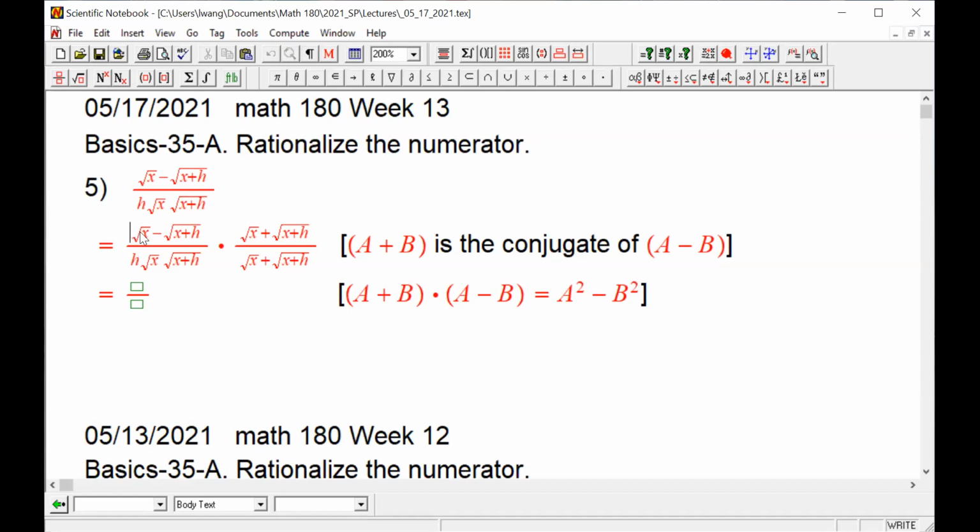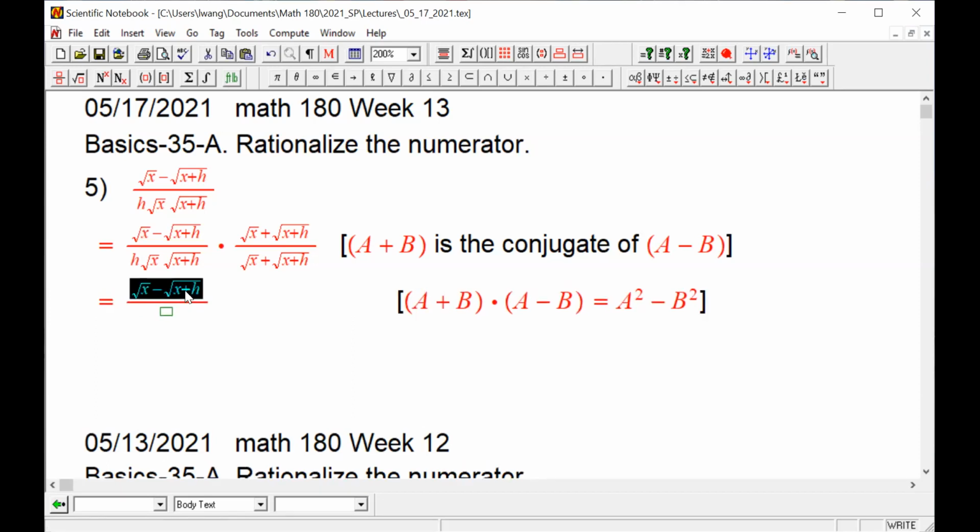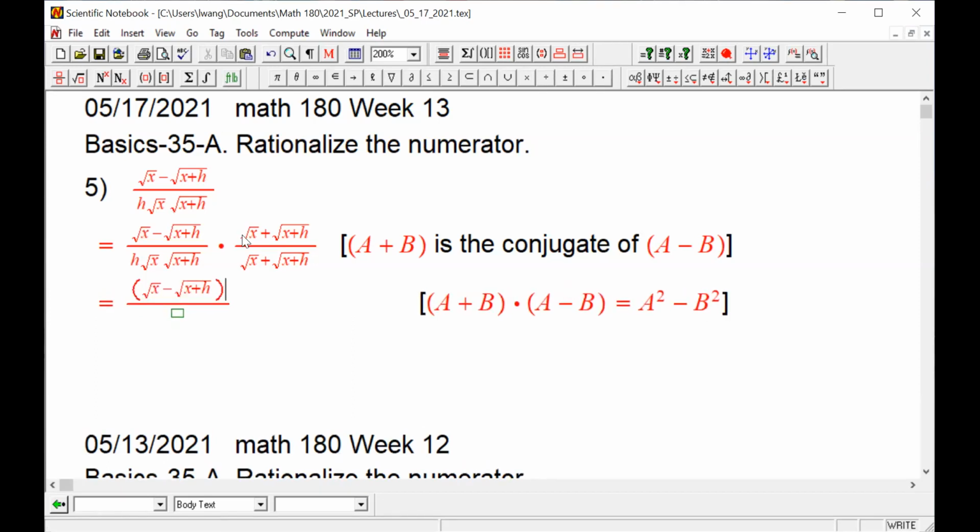So we have the situation A minus B times A plus B. In the numerator, we multiply these two. Let me rewrite the step. That's on the numerator.